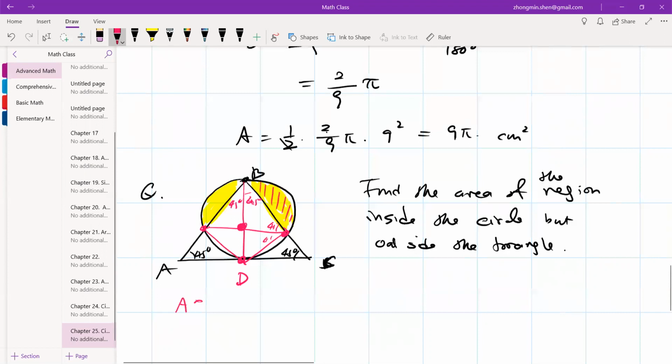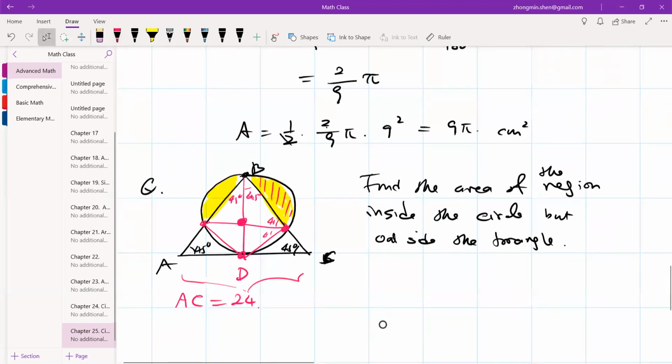Okay, let's assume that AC equals 24 units. Sometimes we have to give some information about the side, otherwise your name is just called A, right?